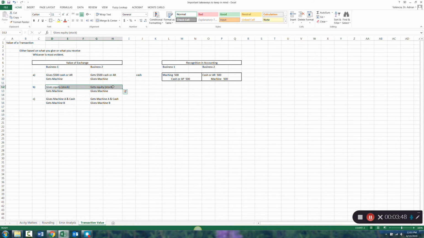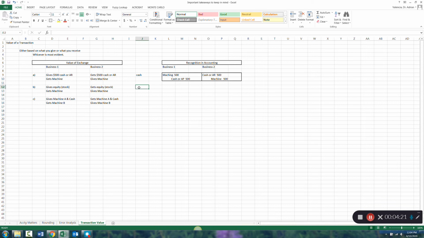If on the other hand this is a private company and you're issuing equity in that company, but the stock is not necessarily traded on a public exchange, then at that point, it might make more sense to value the transaction based on the worth of the machine. Maybe doing an appraisal of the machine or of the land or whatever it is that you are exchanging. So this one becomes a little bit less clear because it's not just cash as to what the worth of that transaction is.